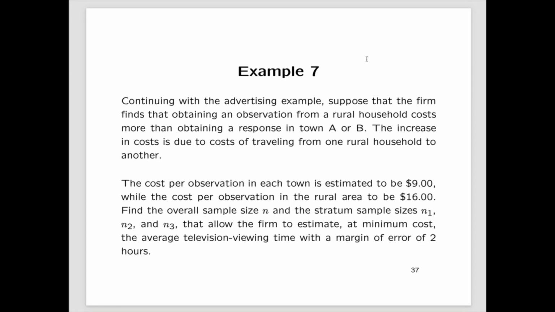Now the cost per observation in each town is estimated to be $9, while the cost of observation in the rural area is found to be $16. Find the overall sample size little n and the stratum sample sizes n1, n2, and n3 that allow the firm to estimate at minimum cost the average television viewing time such that that estimate has a margin of error of no more than 2 hours.